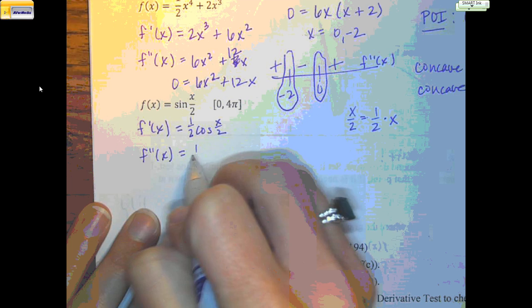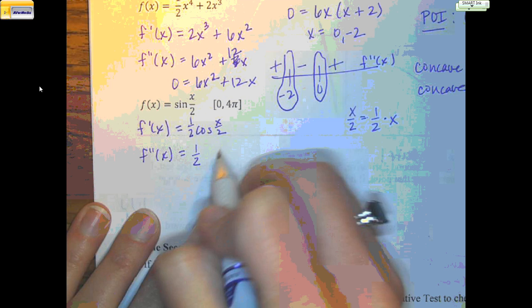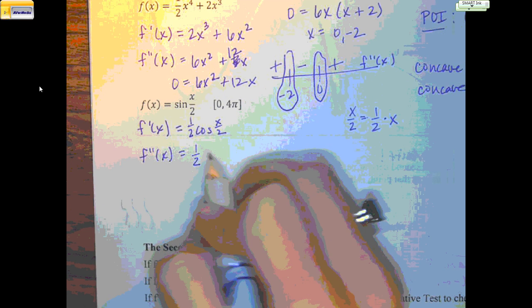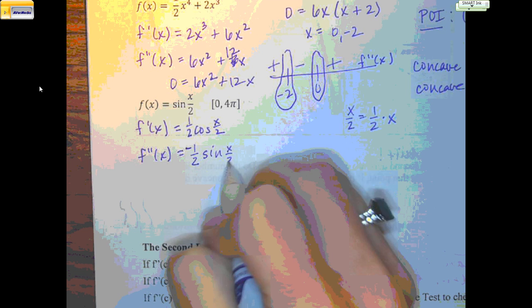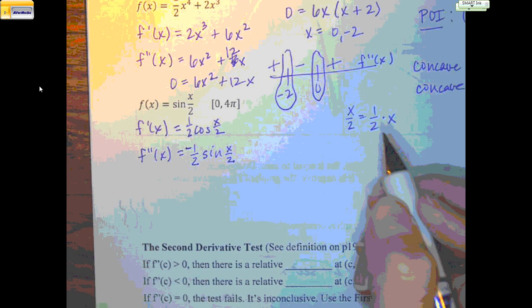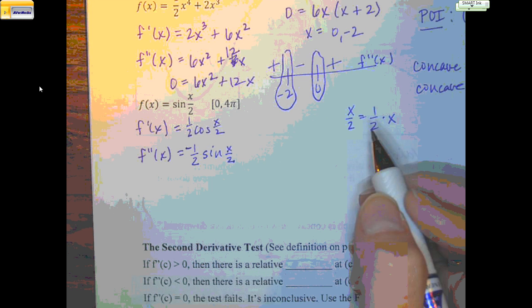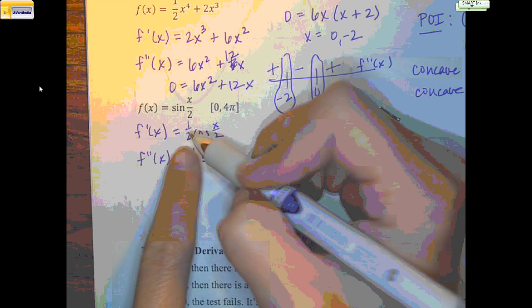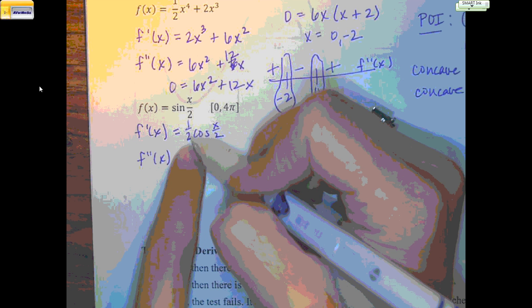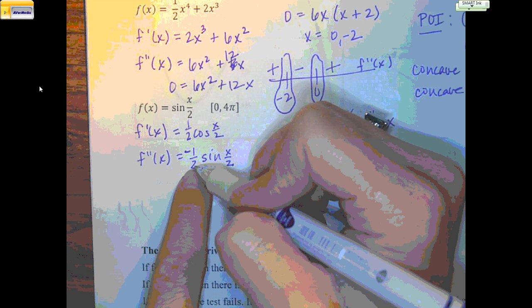Second derivative would be 1/2, then what? Negative. So I'm going to put my negative in the front, and it's sine. Don't touch the inside yet. Then what? Finish the chain. So this first half came down. You can just bring that down because it's a constant.